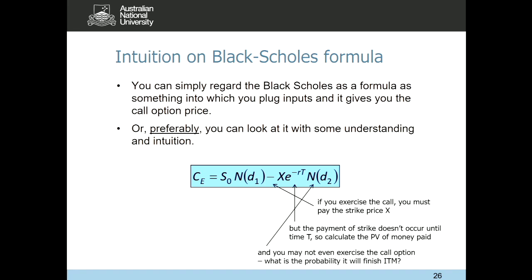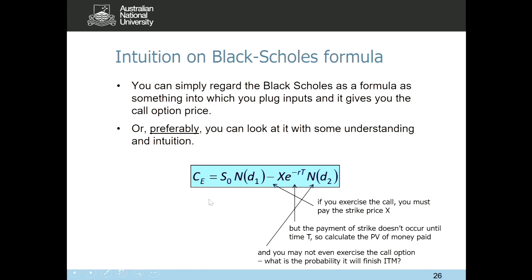Now, what does N(d2) try to measure? A minute ago, I was talking about this European option as if we are going to exercise it. But there's no certainty that we will do that, right? There's some uncertainty: the call option can finish in the money, or it may finish out of the money. If it finishes out of the money, we don't exercise the call.